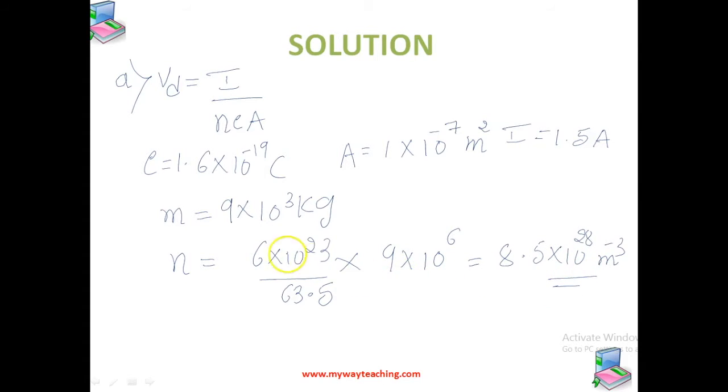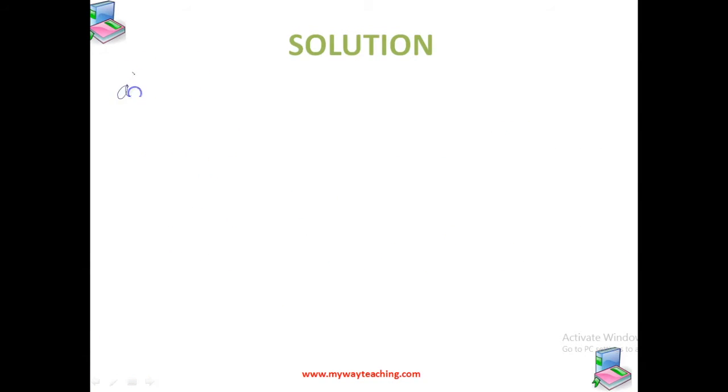Now we have the value of n, and we know e and A, so we can calculate the drift velocity Vd. I is 1.5.